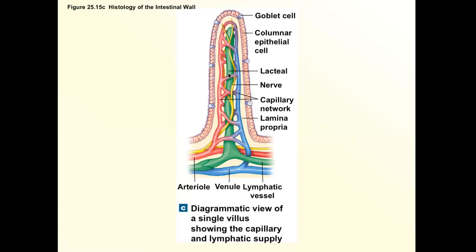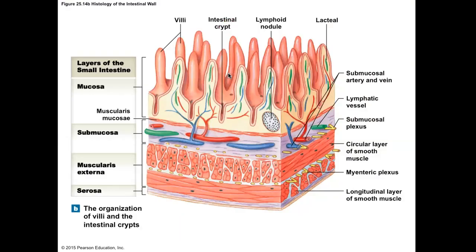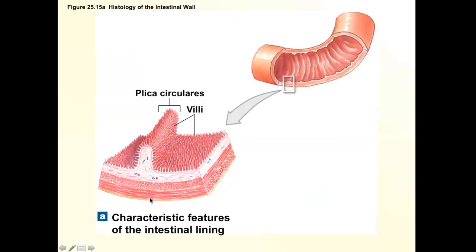All right, so coming back here, we can see, this is just the cartoon again, your mucosa, your submucosa, your muscularis externa, and your serosa. And this is just a nice picture of the plica, how you have that upward projection of the submucosa and mucosa, and then the villi are these finger-like projections.